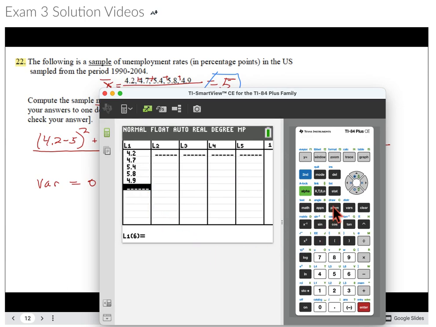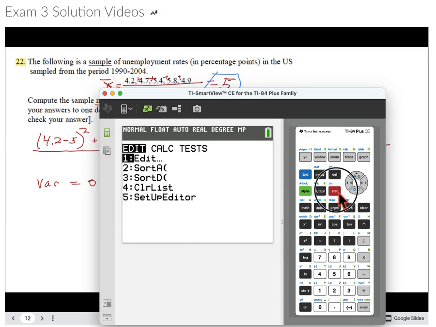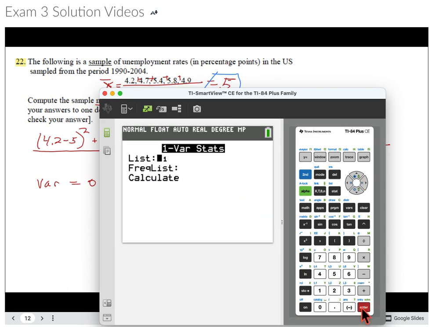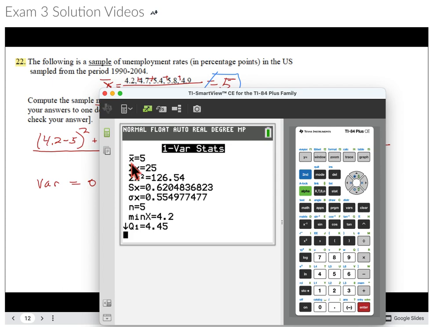They're all correct. I now hit the Stat button again, and I'm going to go over and do calculations on the stats. These are one variable stats is what we have. So I'm going to hit Enter. List 1 is where the data is. You can change that. Frequency is unimportant. So notice we got X bar is 5. We calculated that.